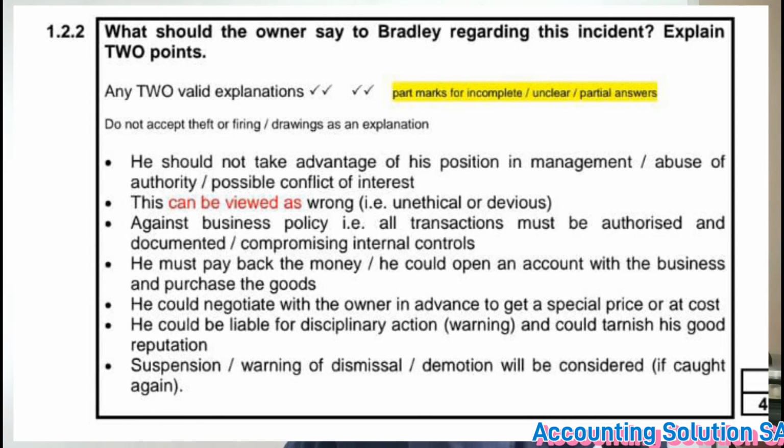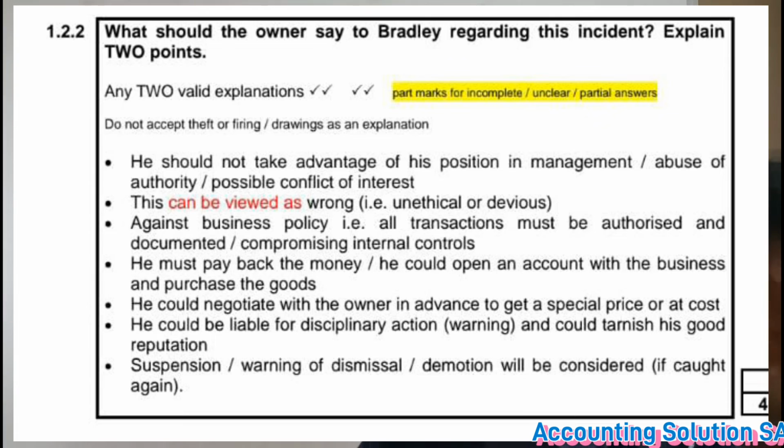The other one, he could be liable for disciplinary action. Then the last one, he must be given a suspension or a warning, or a dismissal, if he gets caught stealing inventory again. So these are some of the answers you were supposed to give in this point.